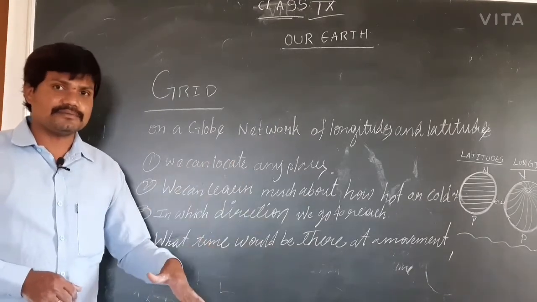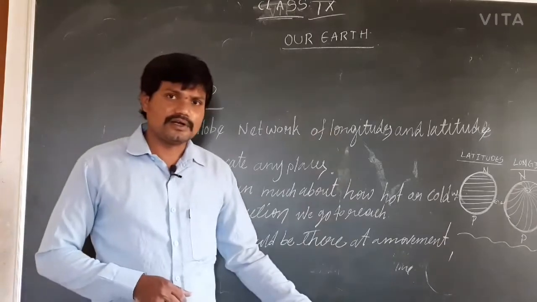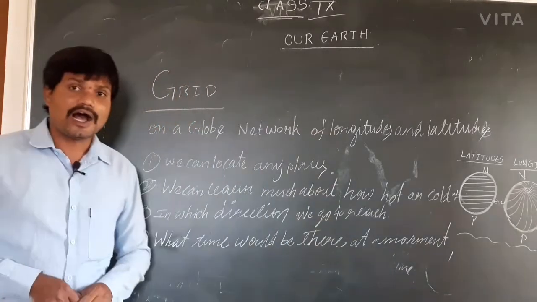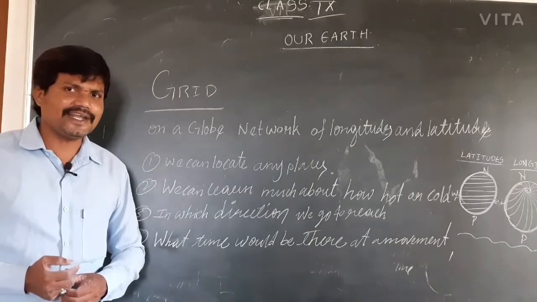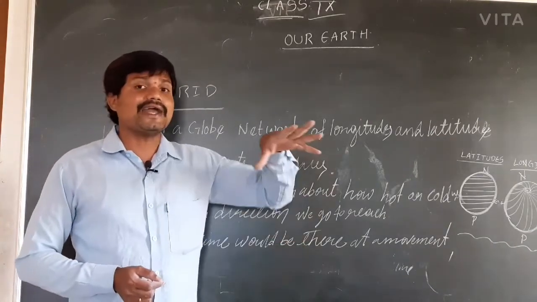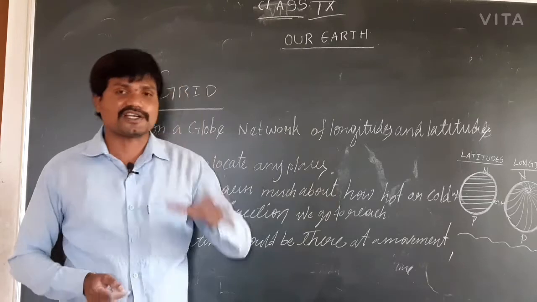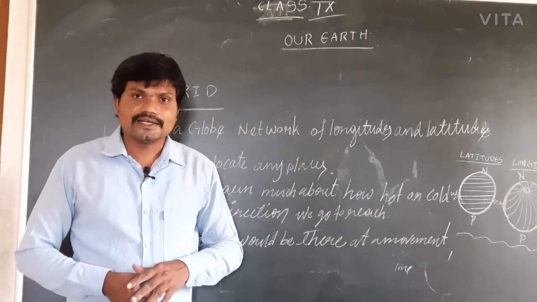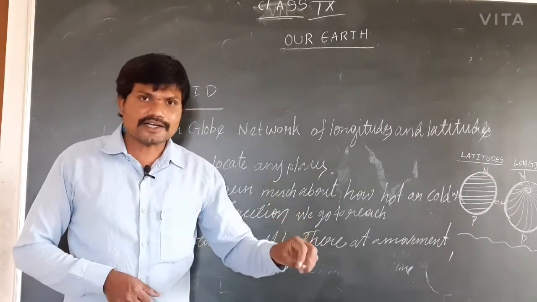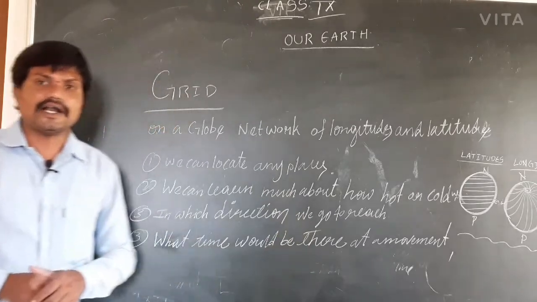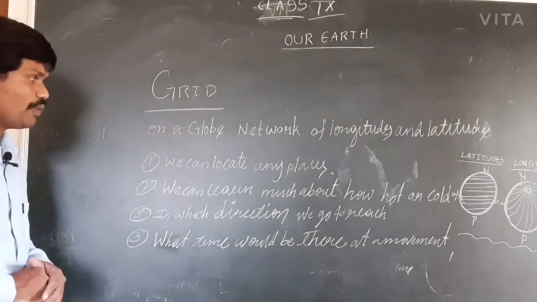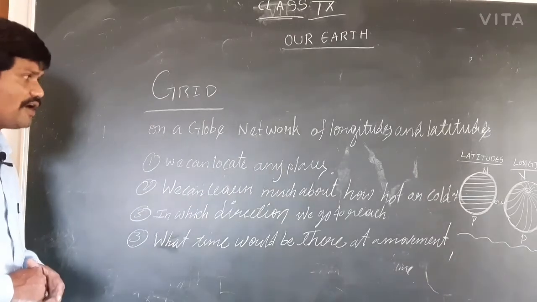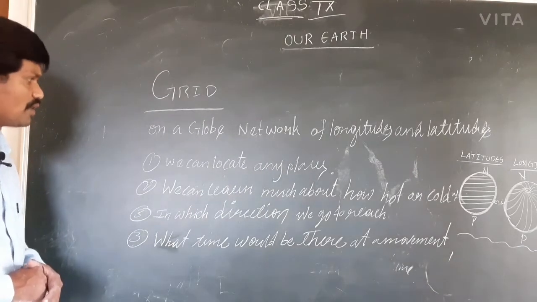At the same time, regions nearest to the North Pole and South Pole, the Arctic and Antarctic regions, get less heat, with minus degrees Celsius temperatures recorded there. So with the help of the grid, we can learn how hot or cold a place is.